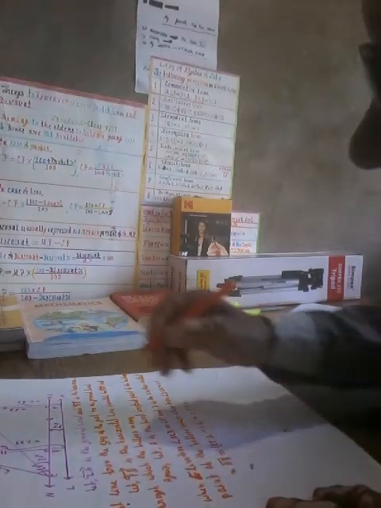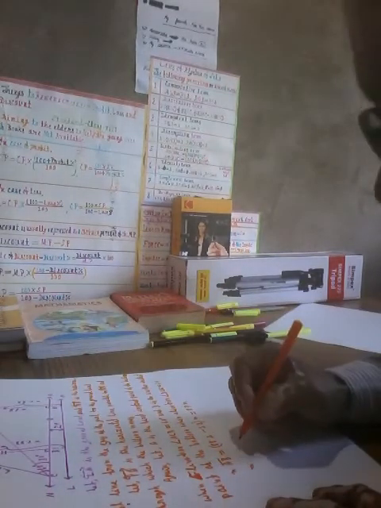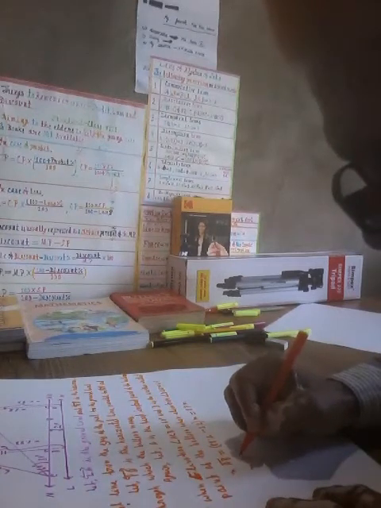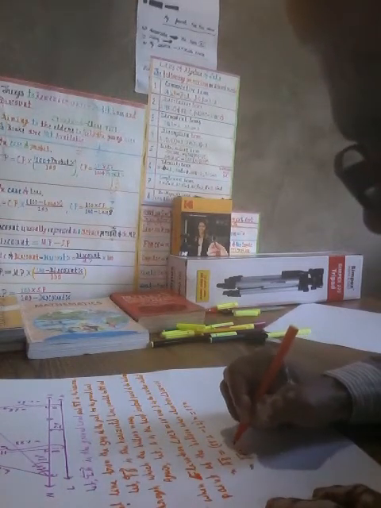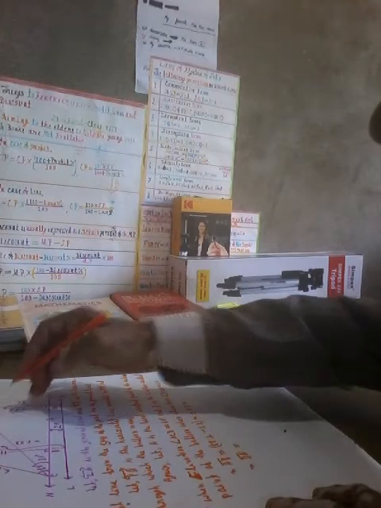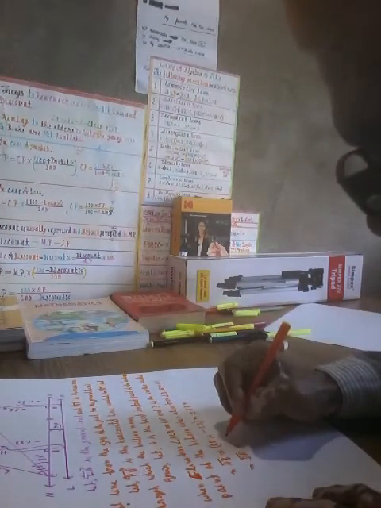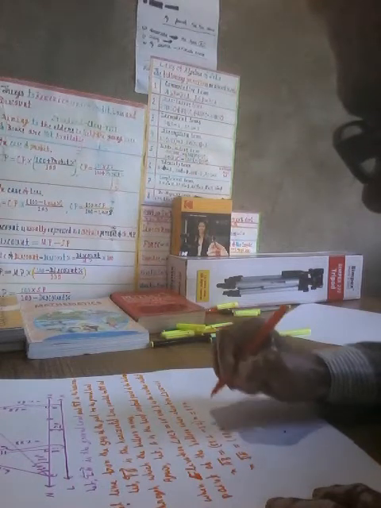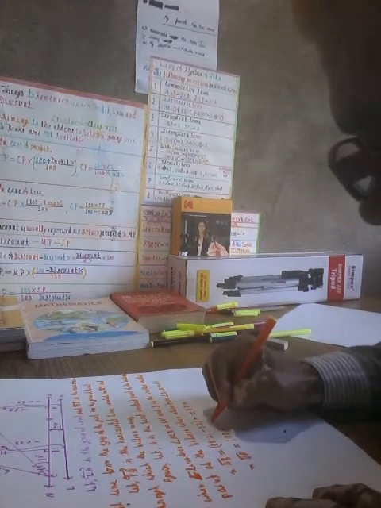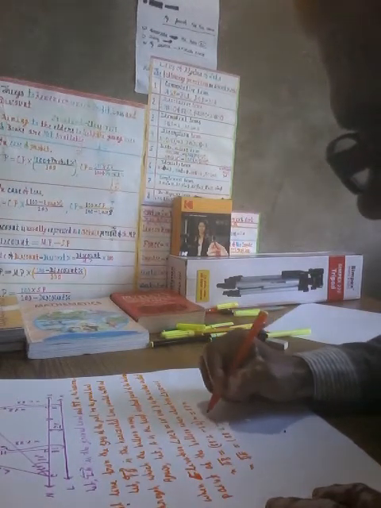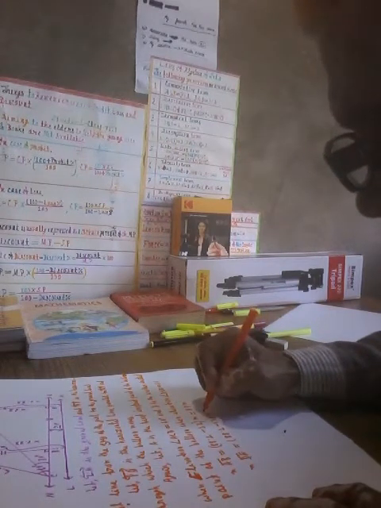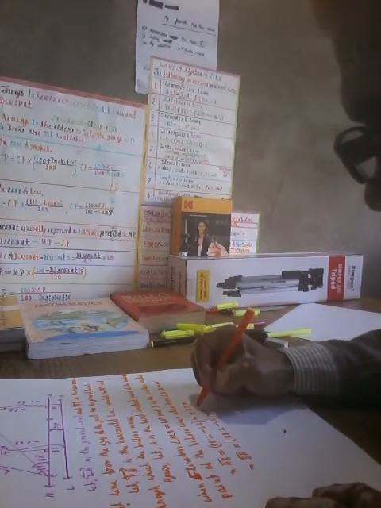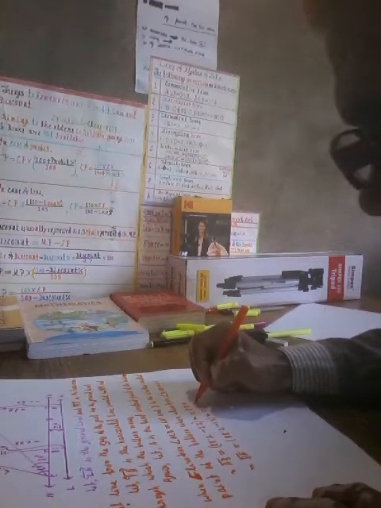Measure of DE is equal to 88.2 minus 1.2 meter is equal to 87 meter.